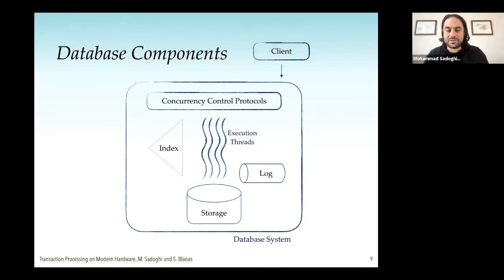And over the years, the storage can be SSDs, it could be flash, it could be non-volatile memory, NVM, and there is essentially a hierarchy of storage, and even your traditional tape. So that's storage. And of course, you still have your volatile memory as well. So the data will also be brought into memory, and that's your in-memory storage, often called the buffer pool.